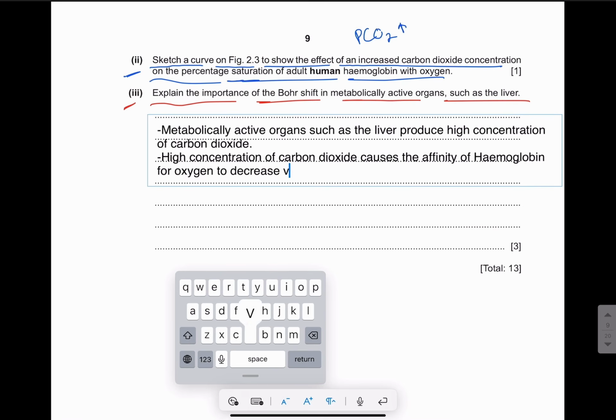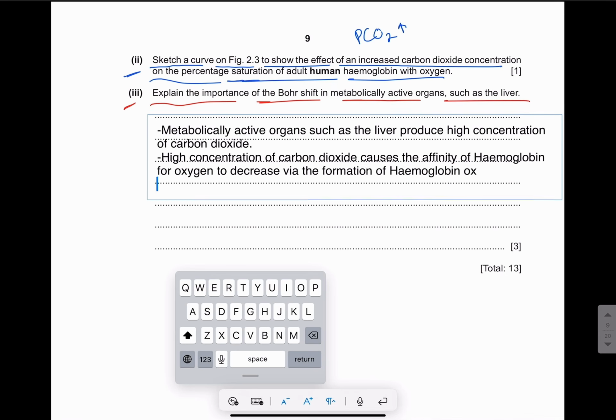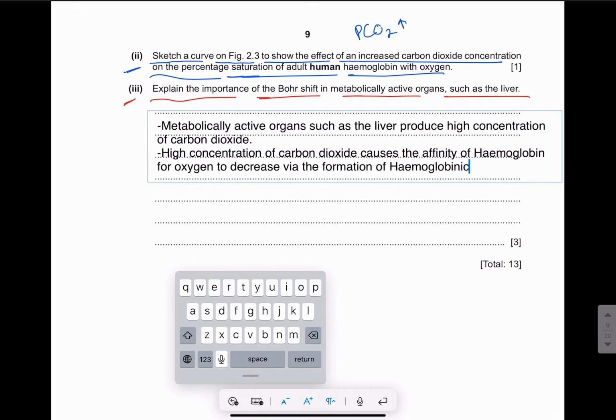And how? Via the formation of hemoglobinic acid. We all know that whenever carbon dioxide concentration increases, there's production of more hemoglobinic acid, and this decreases the affinity of hemoglobin for oxygen. When carbon dioxide concentration increases, more carbon dioxide combines with water, forming carbonic acid.